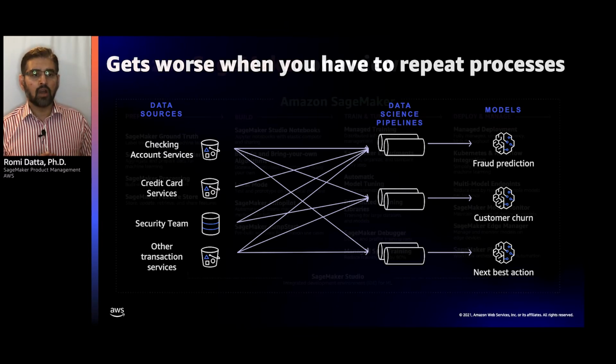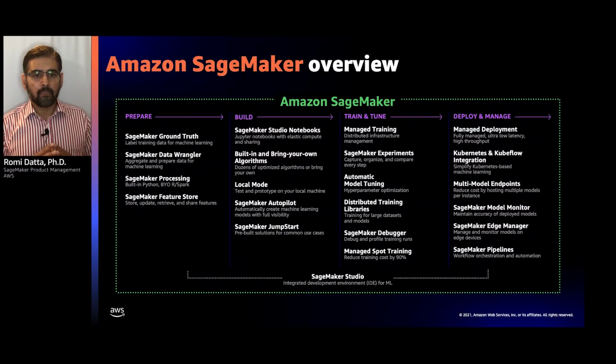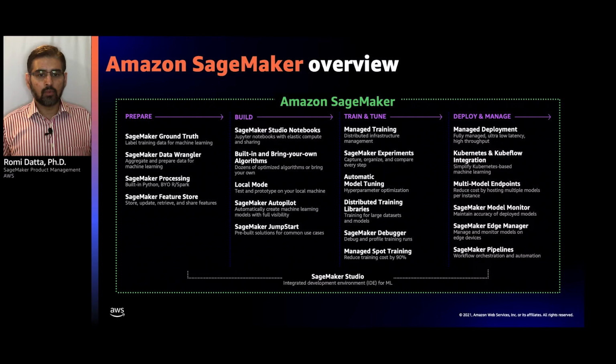To understand how Amazon SageMaker can help you prepare data with ease, speed, and accuracy, let us understand what Amazon SageMaker is. It is the most complete end-to-end platform for machine learning. It has a wide range of tools in 4 categories.